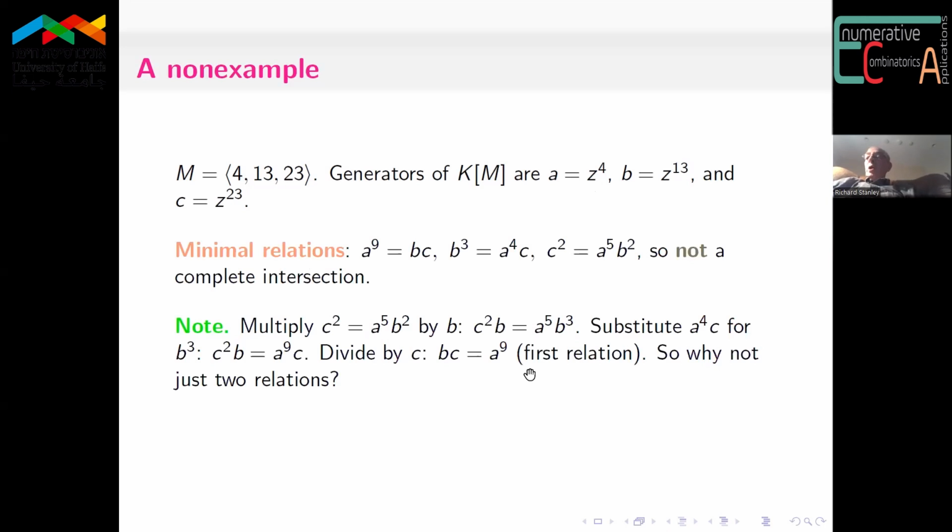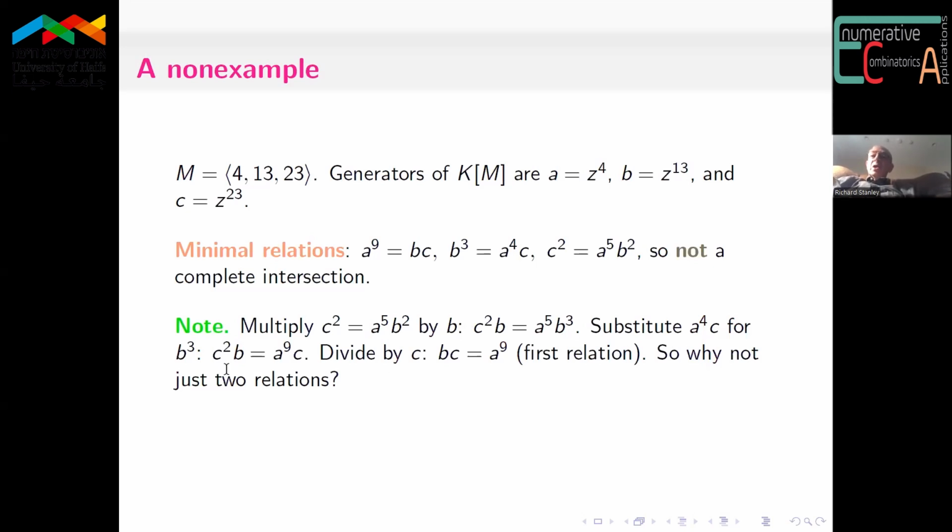Well, you could challenge this. If we take the relation c squared equals a to the 9th, c squared is a to the 5th b squared, multiplied by b, we get c squared b equals a to the 5th b cubed. Now for b cubed, we can substitute a to the 4th c in this relation.